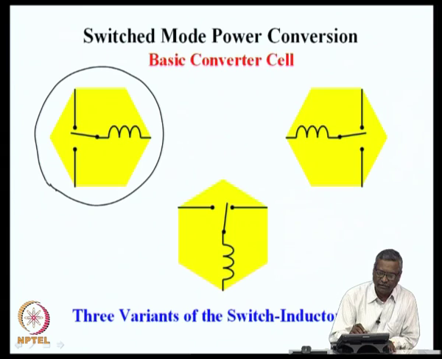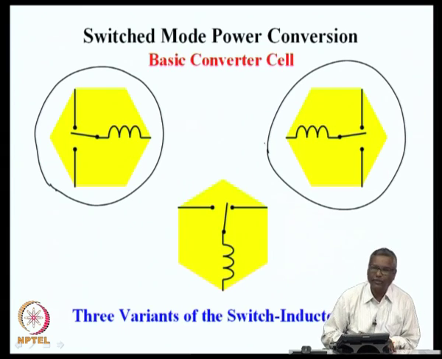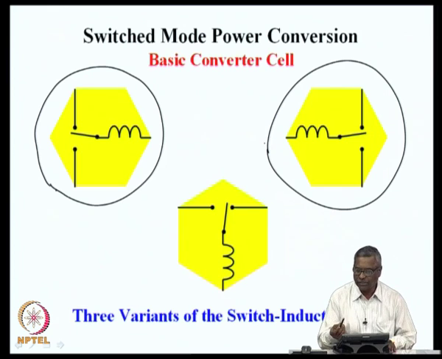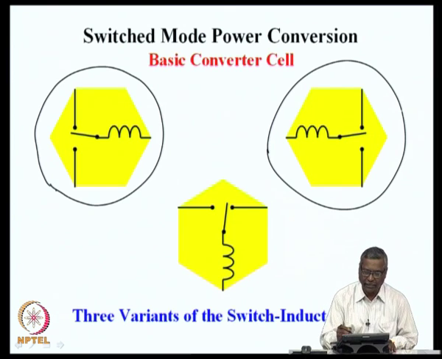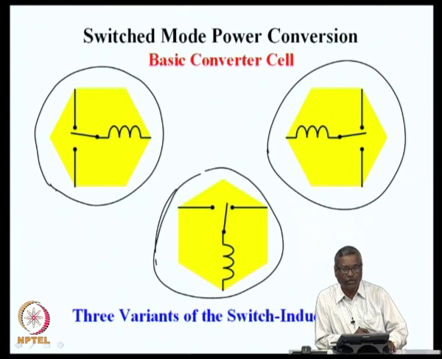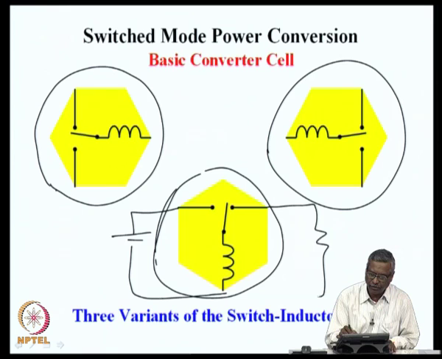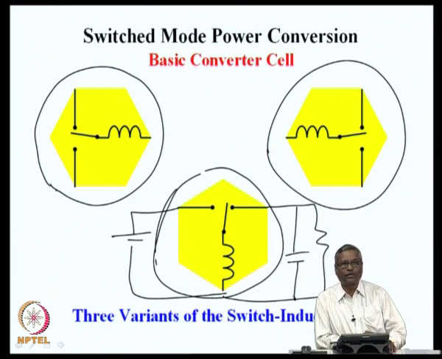In two other ways the cell can be used, where the inductor can be on the source side and the switch can be on the load side. And we could also have a third method of connecting the switching cell to the source and the load, where one of the poles is connected to the source, the other pole is connected to the load.